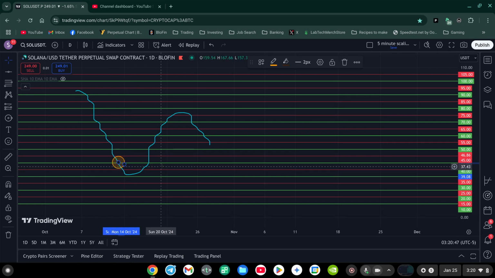As it placed this buy order right here, it simultaneously placed a sell order here. Or you can kind of think of it this way. And so as the price retraces and goes back up, the asset that it bought, when it gets back up here, it will sell at a slightly higher price.